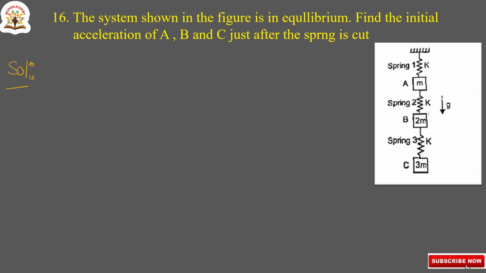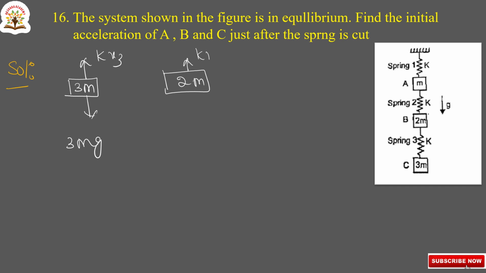Here, first, this is the block 3m we are taking, with spring force kx3 balancing the weight 3mg. Another block, 2m, has spring force kx2 upward and kx3 plus weight 2mg downward.